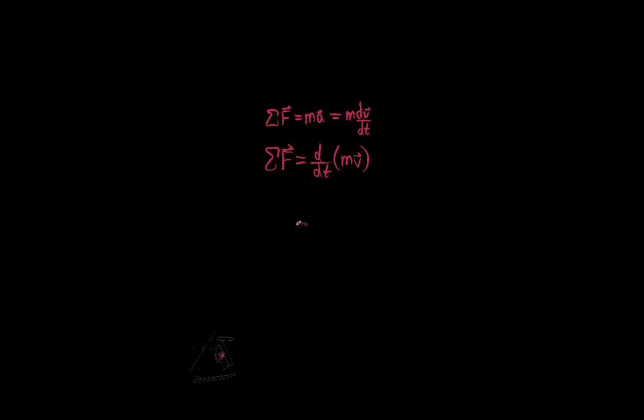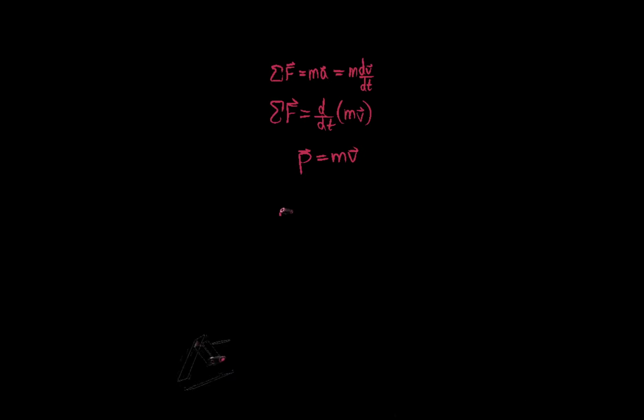So momentum is p. It's a vector quantity, and it's equal to mv, the mass times the velocity of a particle. The greater the speed and mass of a particle, the greater its momentum. As with every vector quantity we've come across, we can talk about momentum in component form as well.